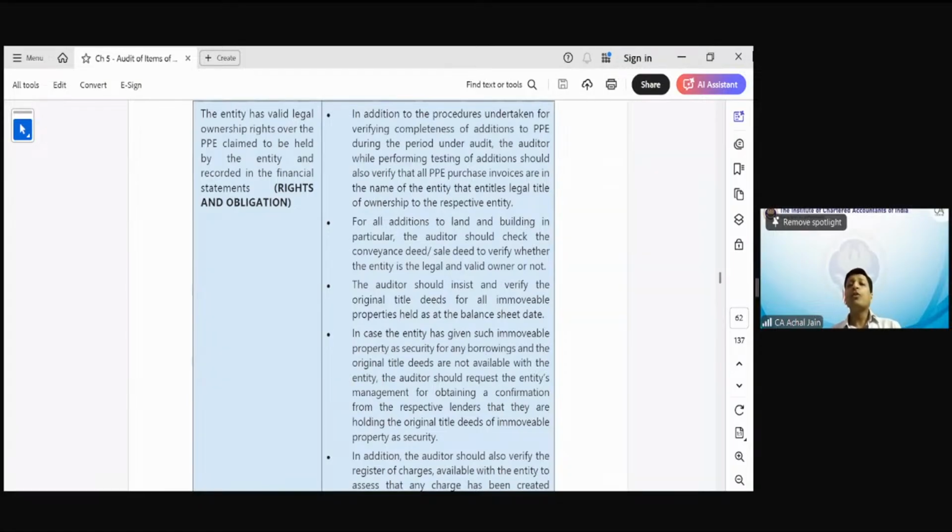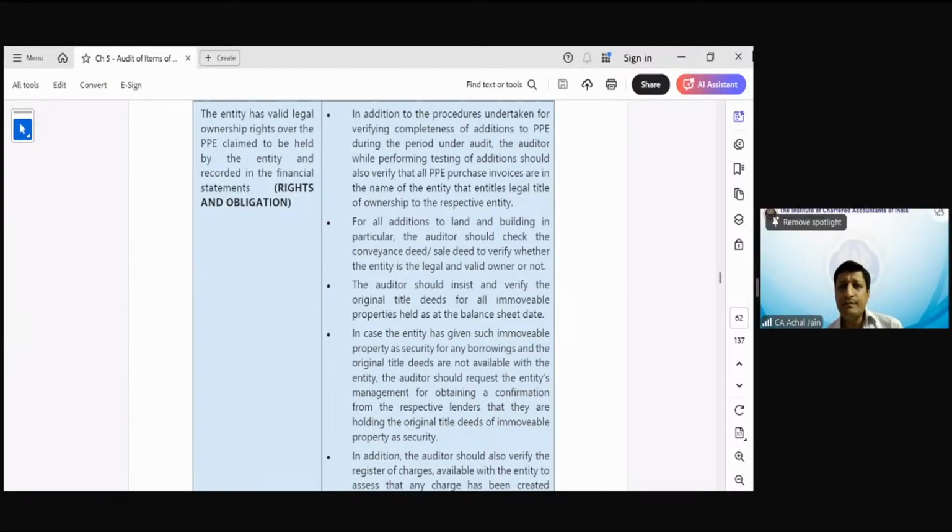So all of these things are required to be looked at by the auditor. Okay. Clear? Everyone? Okay.